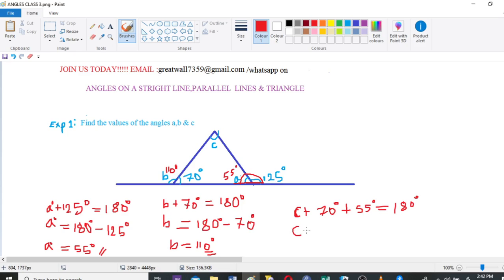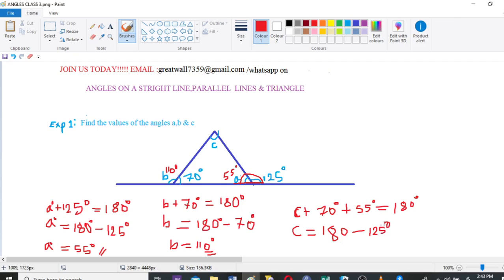So what are we getting there? We have 180 minus, you need to add 70 plus 55, right? When you add that, it will give you 125 degrees.